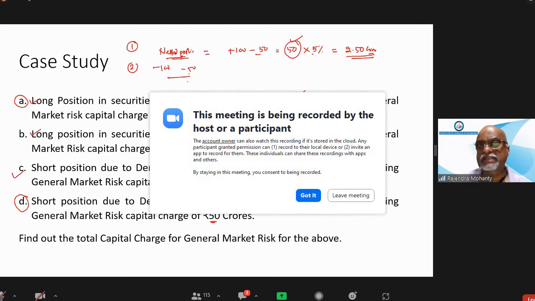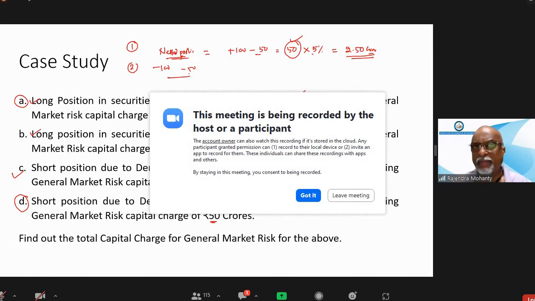Here, the lowest one should be netted against the next nearest time band available. The next time band available is 2 years.